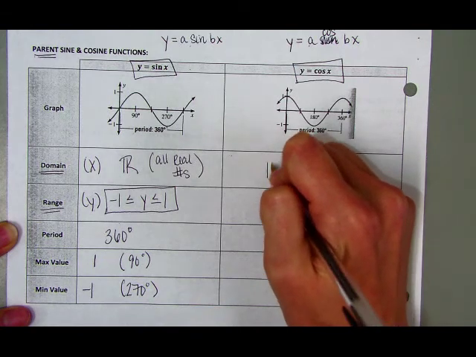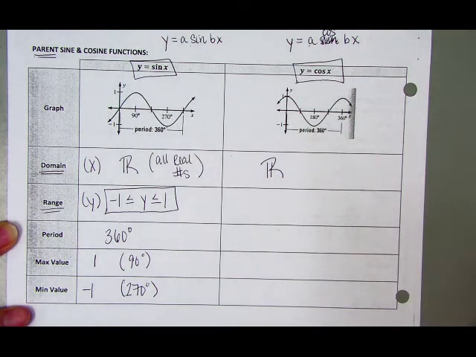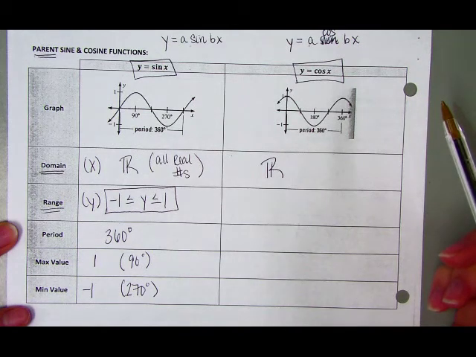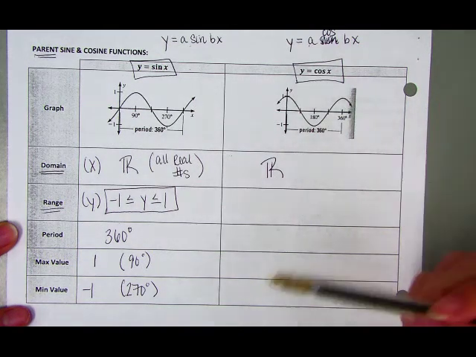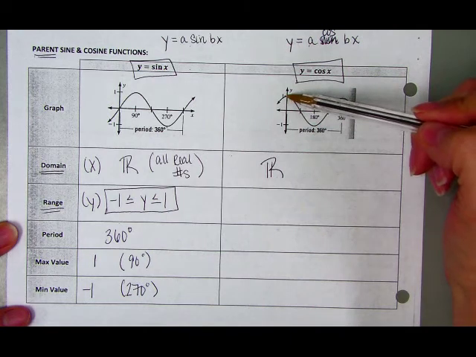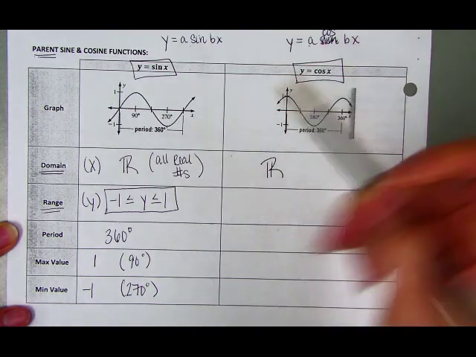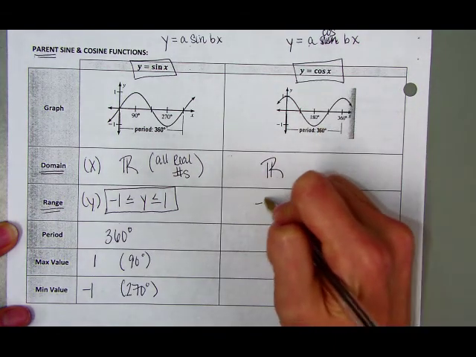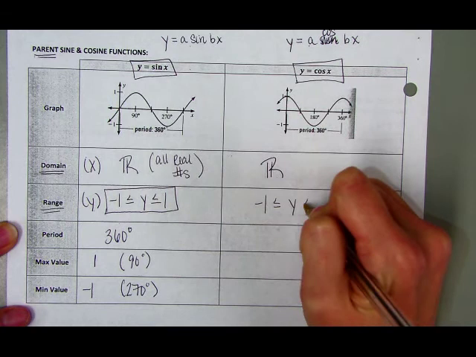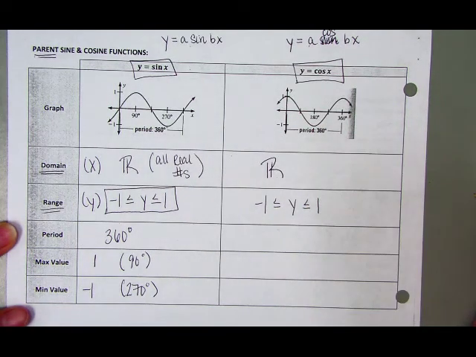So our domain for cosine, again, is all reals. Just like our sine, our cosine is a graph in between two values, which happen to be 1 and -1. So our range for cosine, again, is values equal to or between -1 and +1.